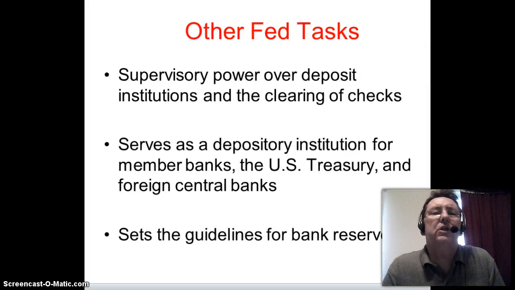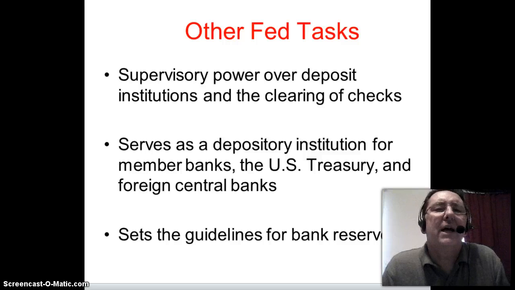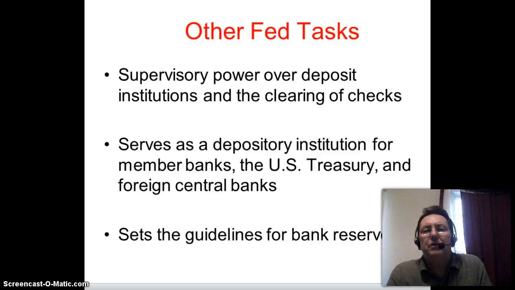Other Fed tasks include the supervisory power over deposit institutions and the clearing of checks. Believe it or not, every type of transaction that we individuals do, be it use an ATM machine, use a debit card, or write a check, all the billions of them done probably every couple of days in this country get cleared through the Federal Reserve's computers.